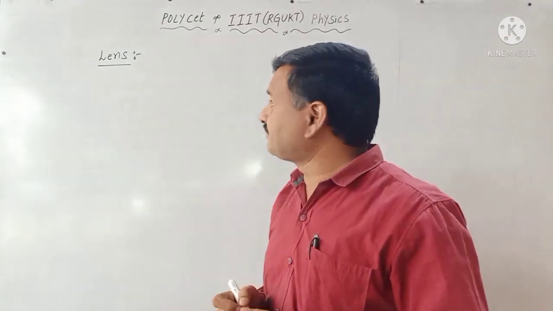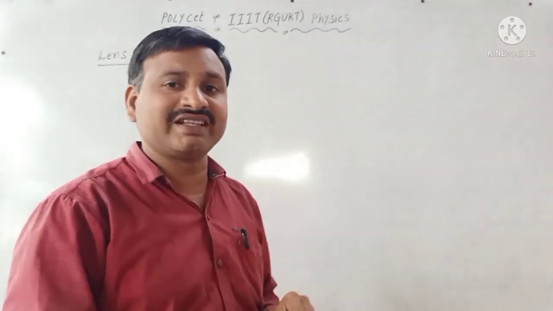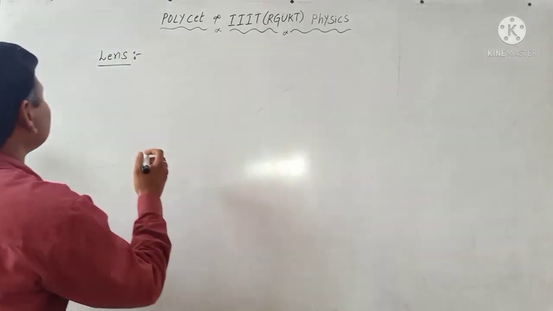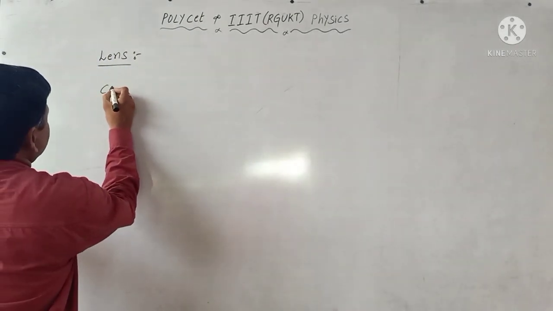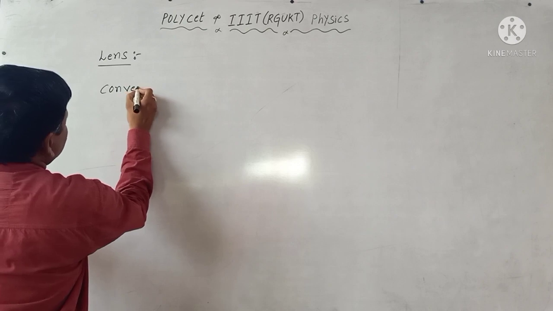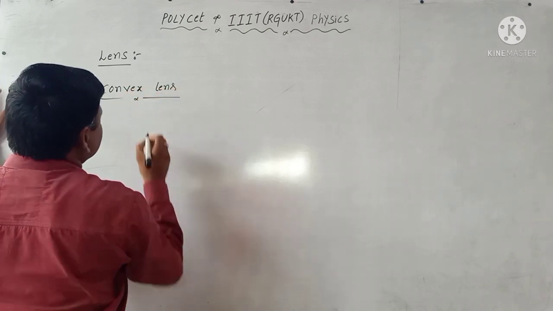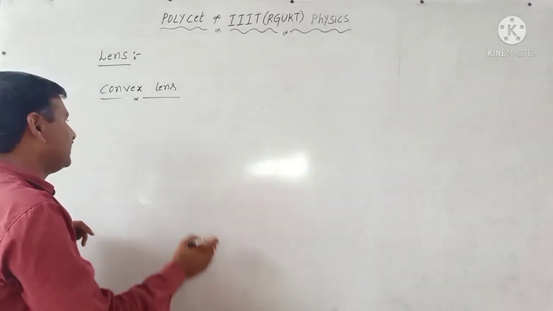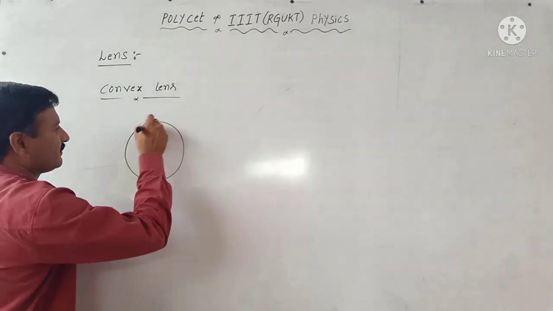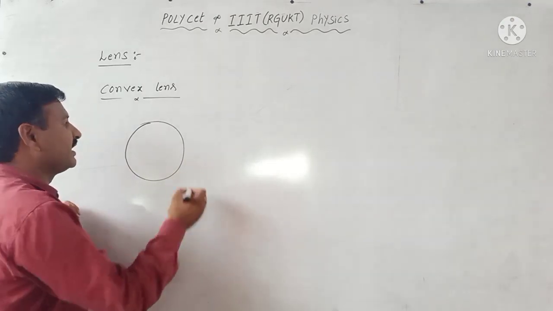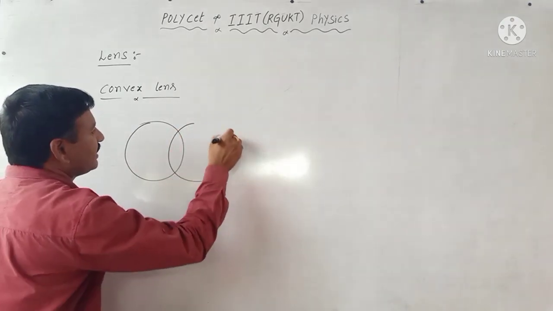Okay, types of lenses. How many types of lenses do we discuss? The first one is the convex lens. Convex lens means take two spheres, intersecting each other.